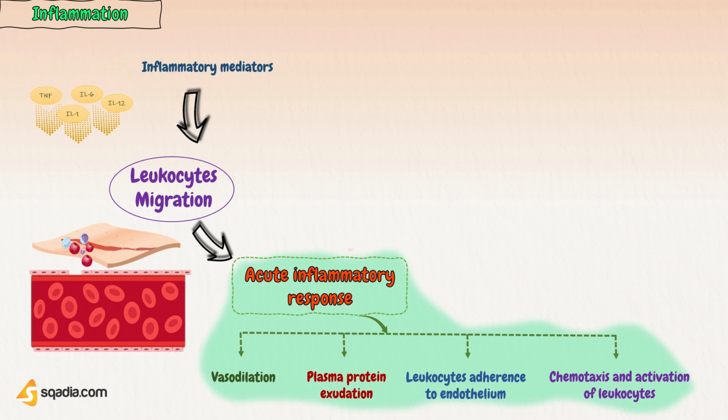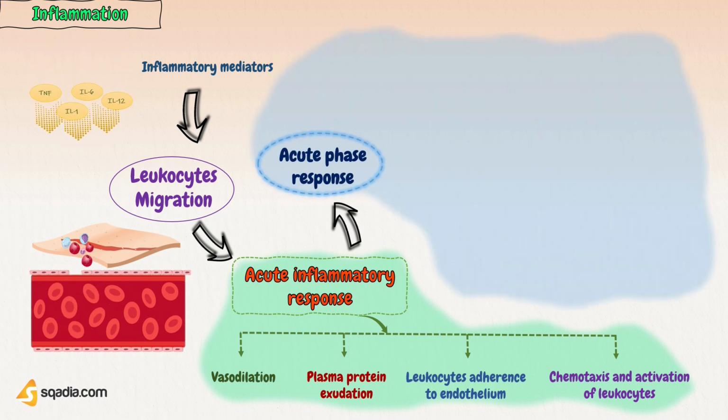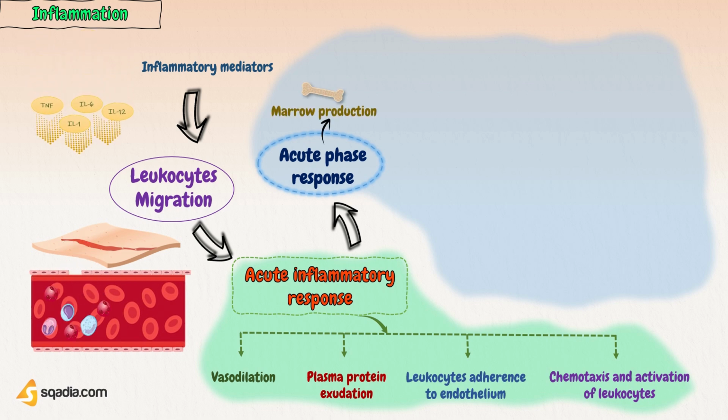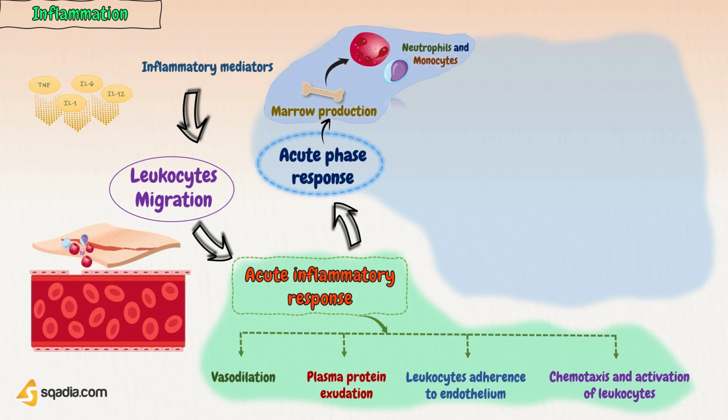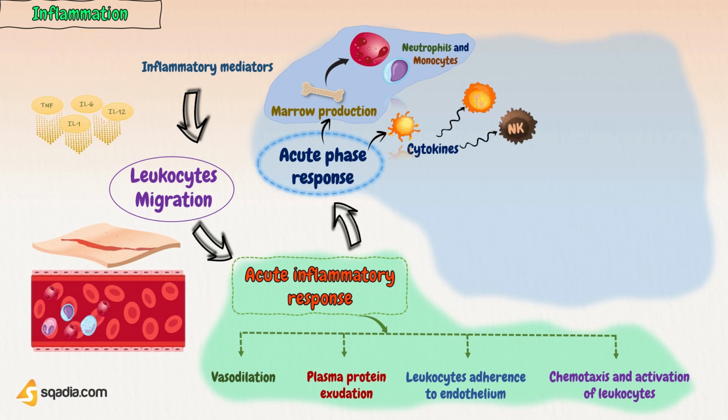Together with triggering of these inflammatory responses, chemical mediators also initiate the acute phase response, which is characterized by promotion of marrow production of neutrophils and monocytes. Also during this phase, these macrophage-derived cytokines activate Th1 and NK cells that secrete interferon gamma, IFN-γ, and more tumor necrosis factor, TNF.